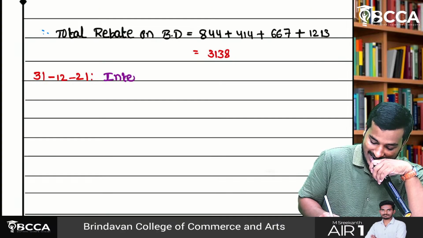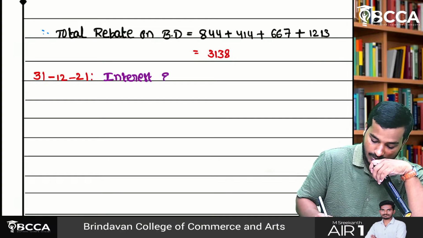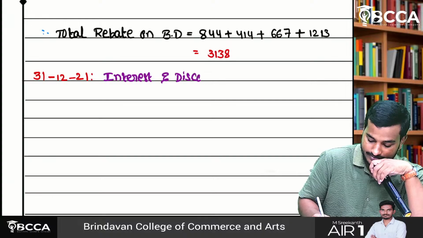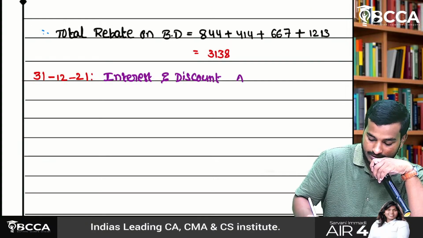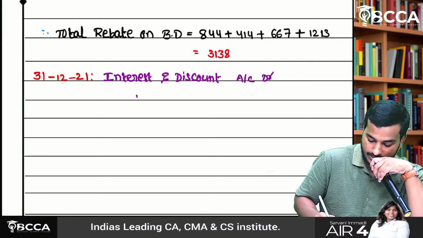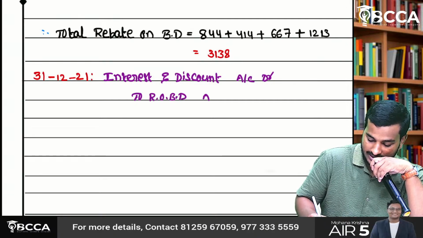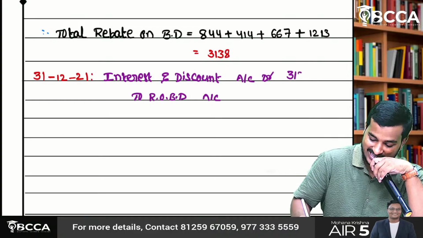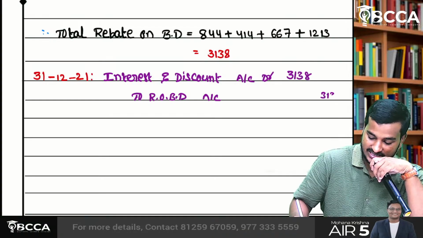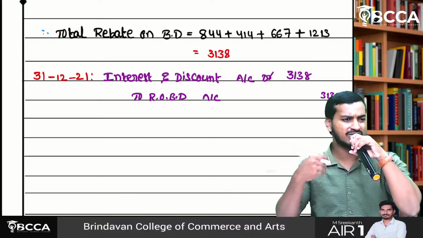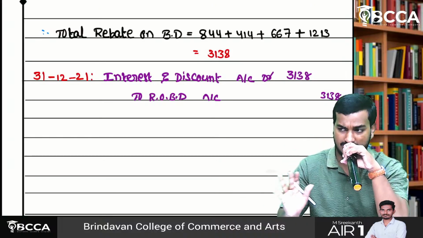Interest and discount account debit to rebate on bill discounted. How much? 3138. That's it, answer done. Next day what happened? We have to reverse, but not required.